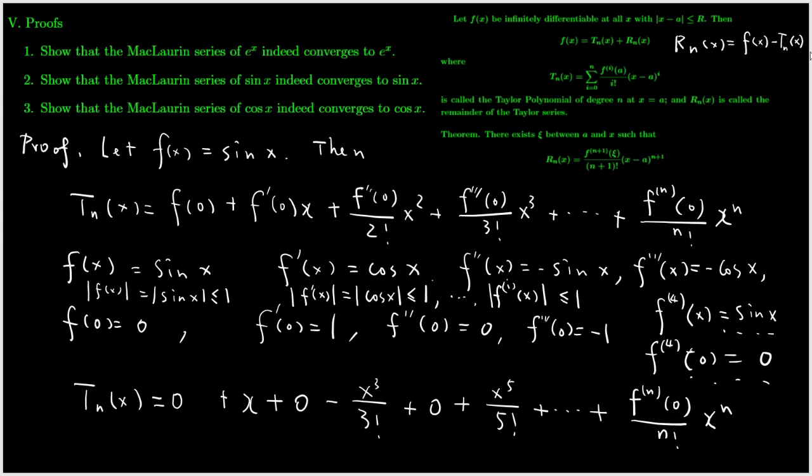We have also seen the theorem last week. Last week the notation I was using was c. This remainder can always be written in that form. This formula is called the Lagrange remainder formula.